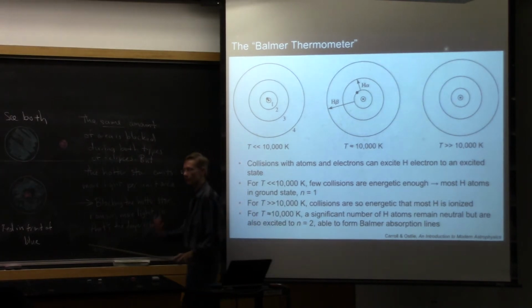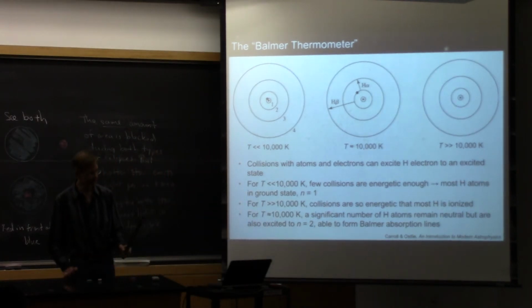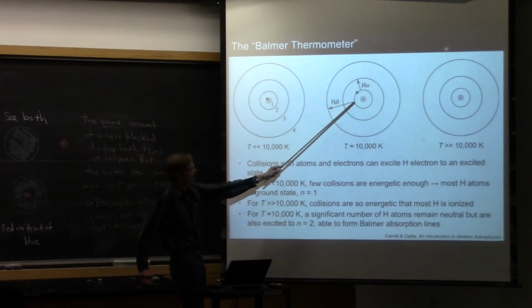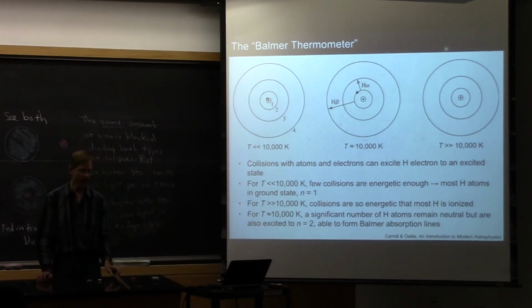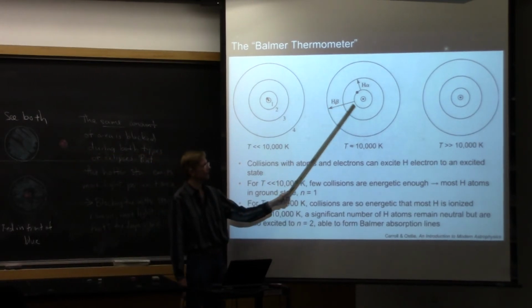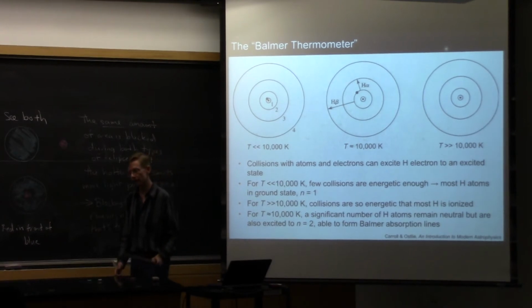So that's the compromise where you get the maximum number of hydrogen atoms with electrons in the second energy level ready to absorb visible light, which is highest at about 10,000 Kelvin.